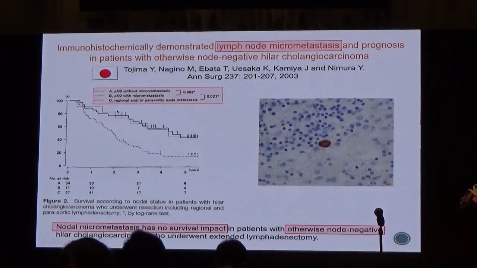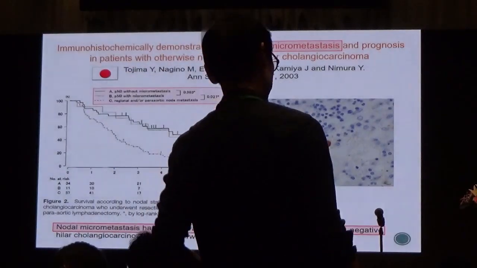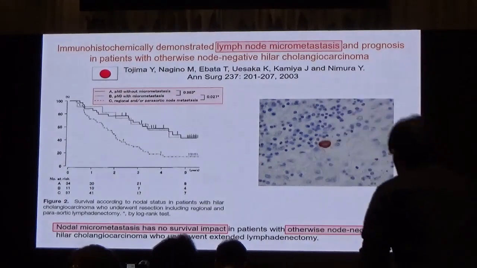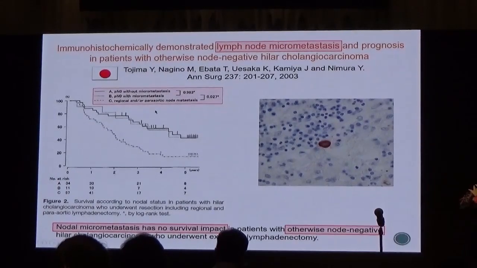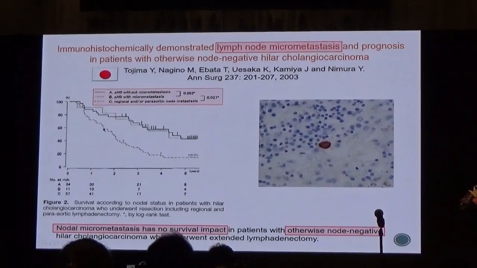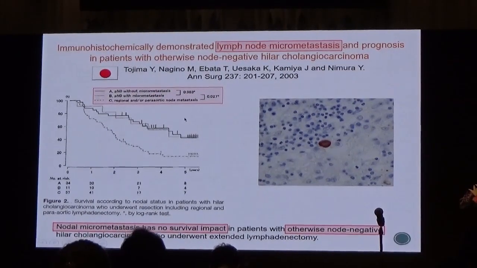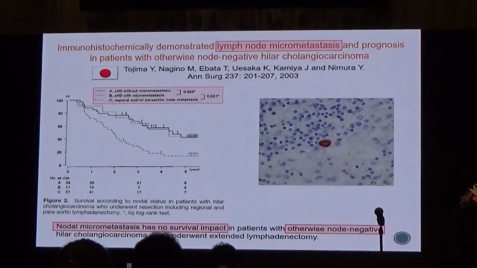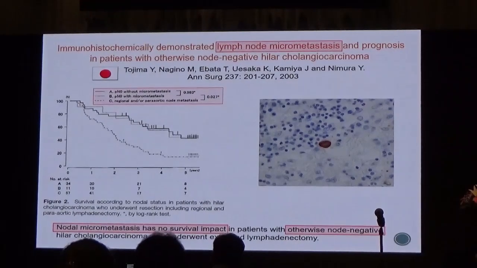There was no significant difference between the two groups, PN0 with and without micrometastases. This is very important information. Group C is regional and/or para-aortic node metastasis. Therefore, we concluded that nodal micrometastasis has no survival impact in patients with otherwise lymph node negative hilar cholangiocarcinoma who underwent extended hepatectomy.